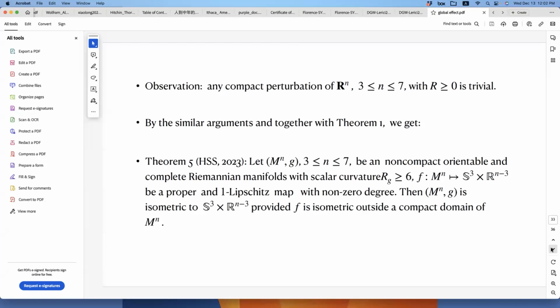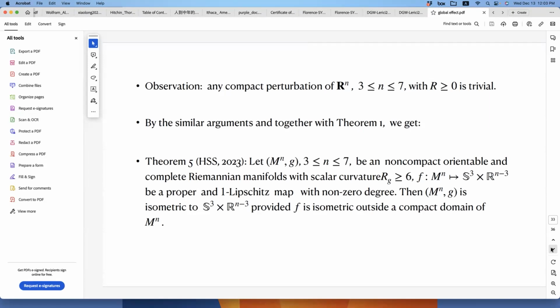Actually, this observation is a special case of the positive mass theorem. By a similar argument, together with our Theorem 1, we get the following theorem. For a Riemannian manifold (M, g) with dimension between 3 and 7, we assume it is non-compact, orientable and complete, with scalar curvature at least 6, and f from M to this model space is a proper 1-Lipschitz map with non-zero degree.